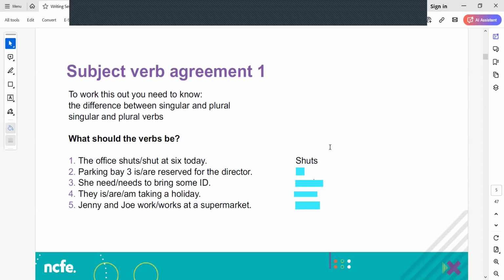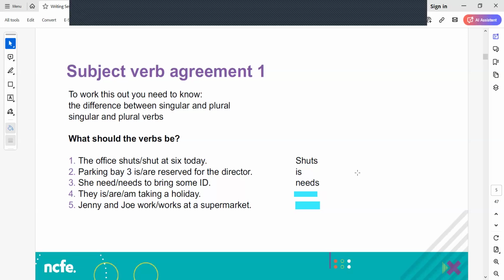So number 2, parking bay 3 is reserved for the director, or parking bay 3 are reserved for the director. Is, well done. She need to bring some ID, or she needs to bring some ID. She needs. Good. Well done.